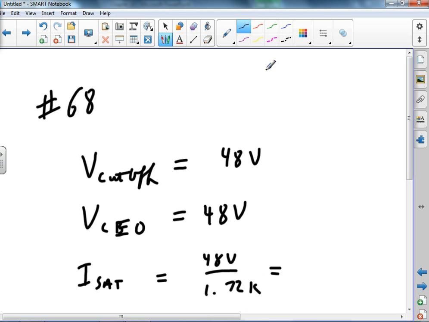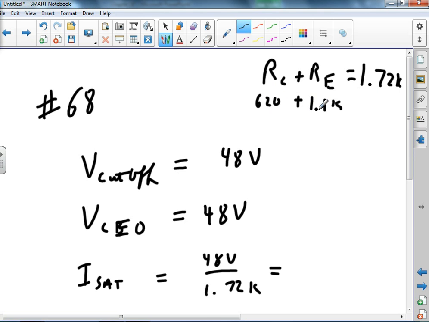So RC plus RE, 1.72K. This is 620 and this is 1.1K. 6 and 1 is 7. Carry the 2. All right. 48 divided by 1.72 E3 equals 27.9 milliamps.